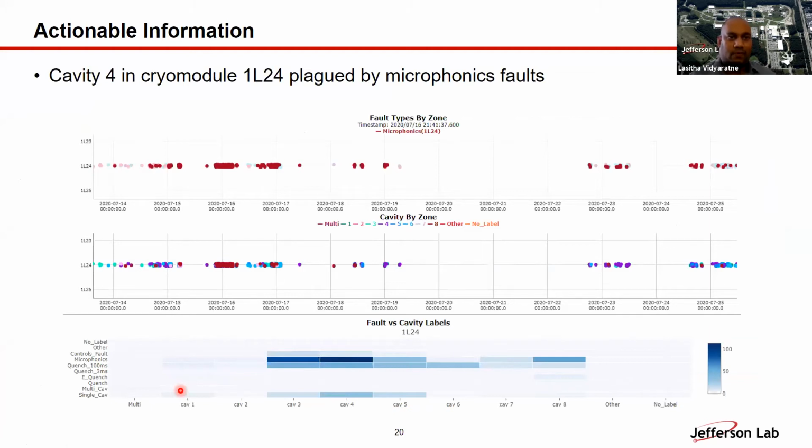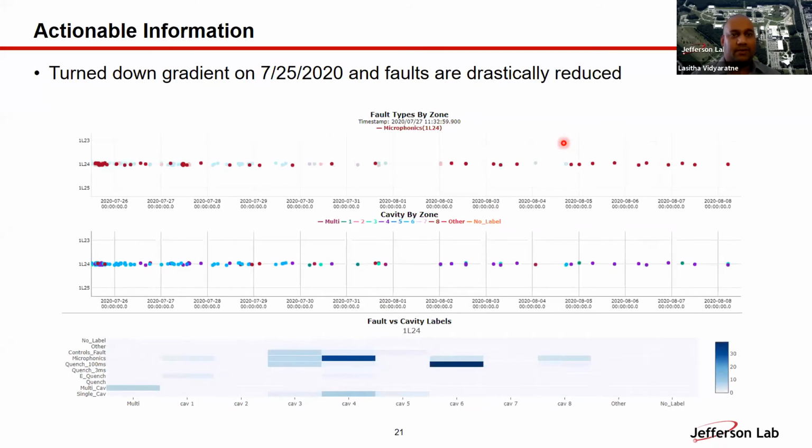So we saw that the cavity 4 in cryo module 1L24 here is plagued by microphonics faults, which are shown in this dark red, and also comes up here. The operators were able to turn down the gradient on that cavity on July 25th, 2020, and the faults were drastically reduced as a result.